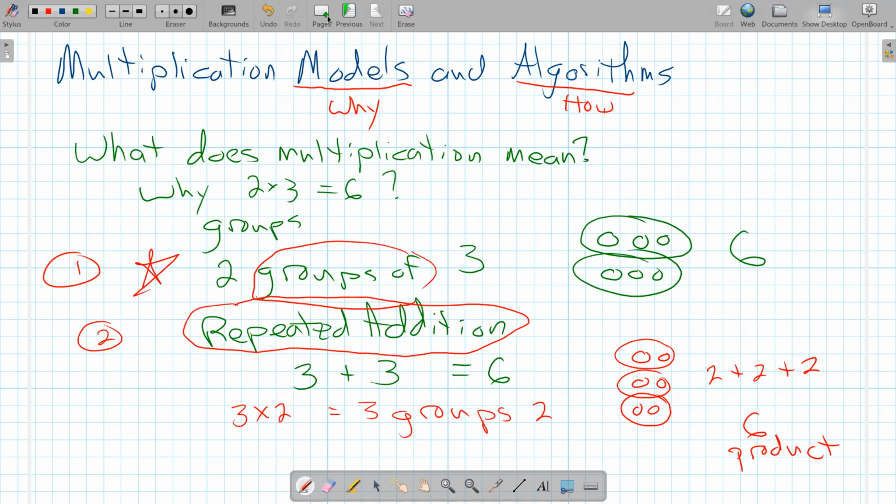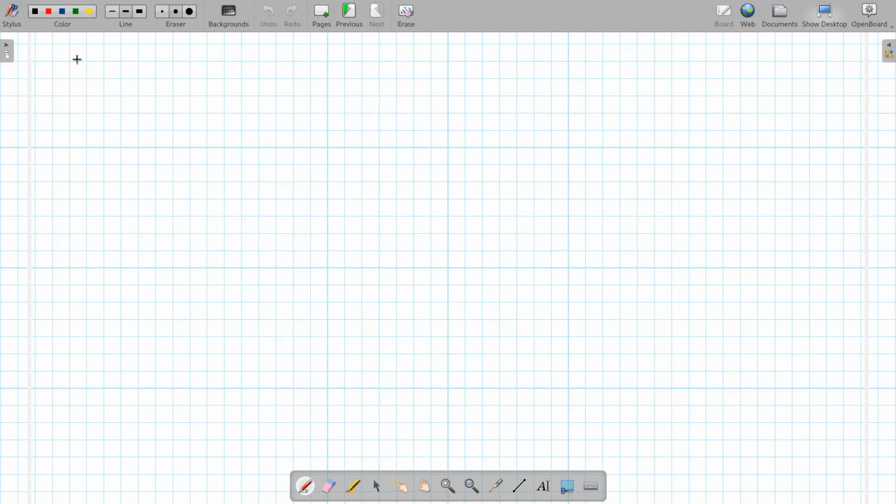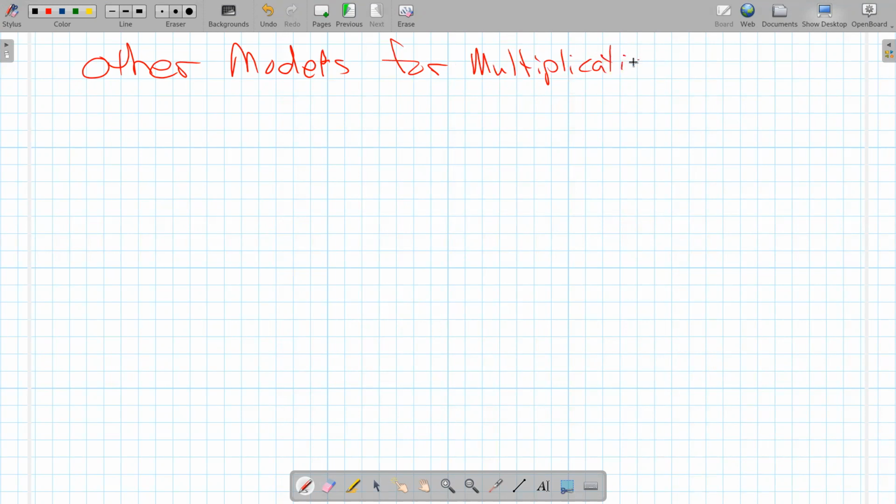There's a few other models for multiplication. So those are the most popular. Other multiplication models. This one's probably my favorite, the area model.